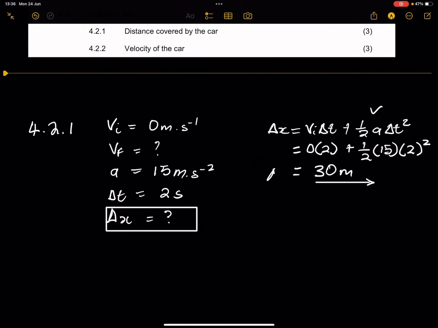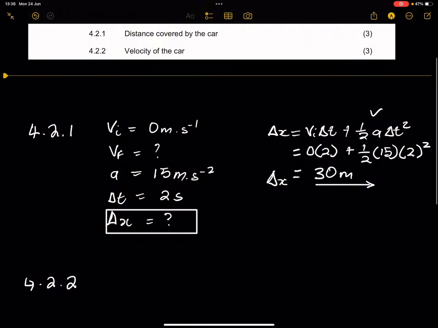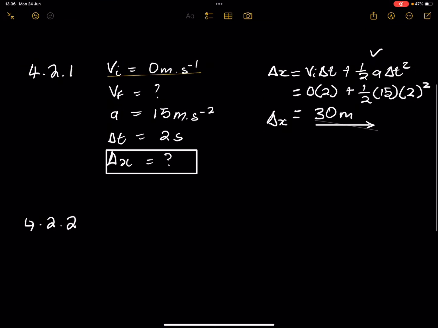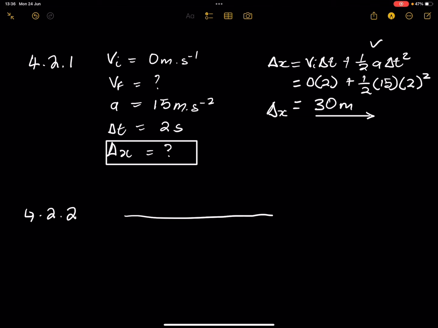That's the distance, right? And now they say to us, for 4.2.2, calculate the velocity of the car. That is, we are looking for the velocity of the car after the 2 seconds of accelerating. So it started from 0 here, right?